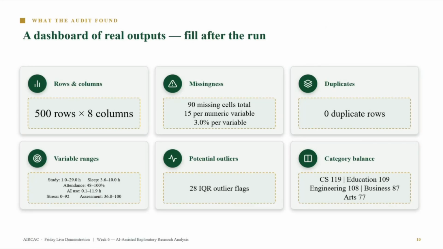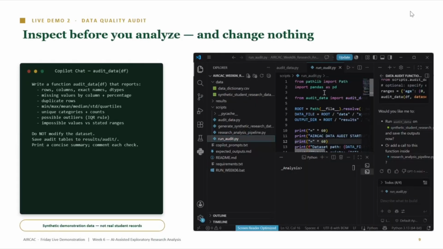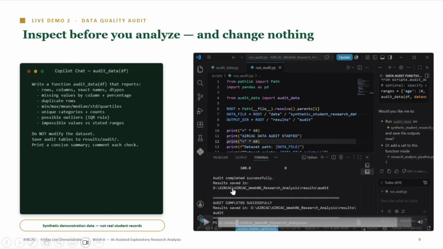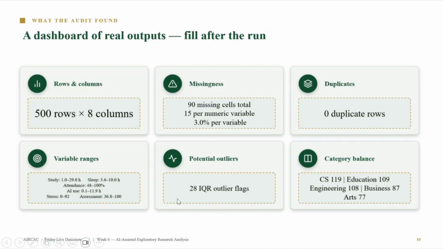When we run the code, I copy the values from these results here just to understand what we have. So we have true. We have 500 rows by 8 columns.